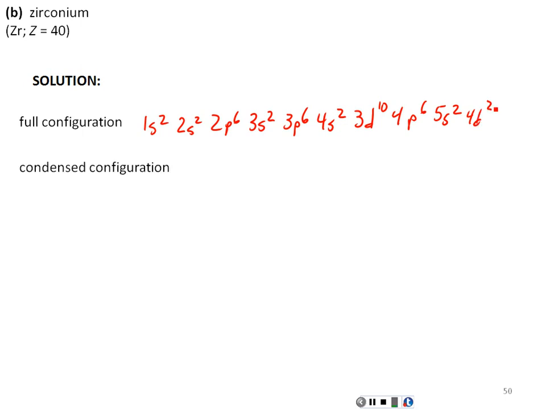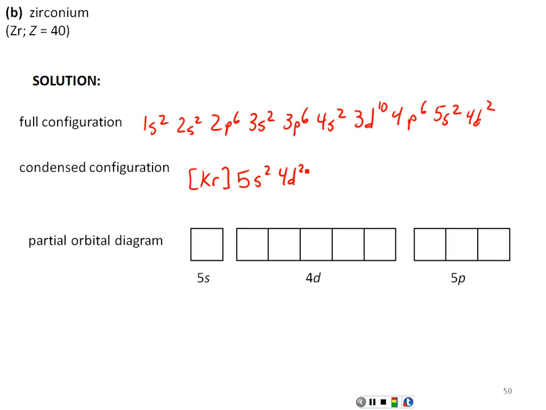And what does the condensed configuration become? You look back at the previous noble gas. That'd be krypton. So krypton, 5s2, 4d2. A partial orbital diagram: we have 2 s electrons, and then 2 d electrons.